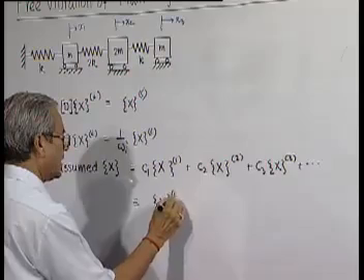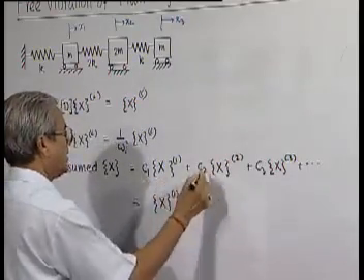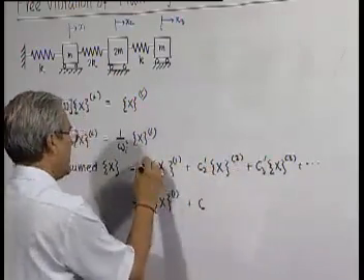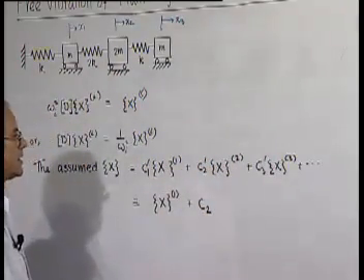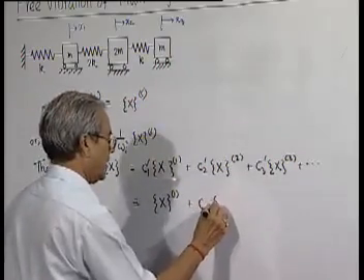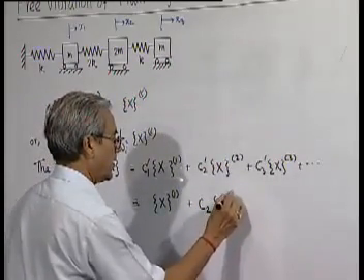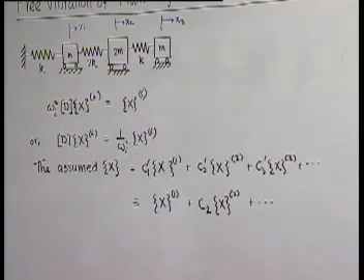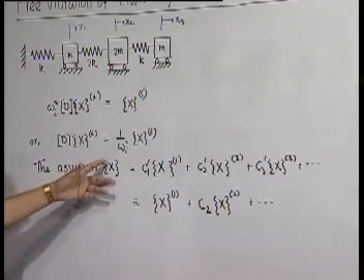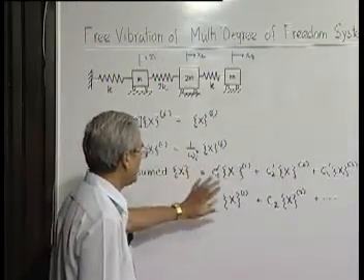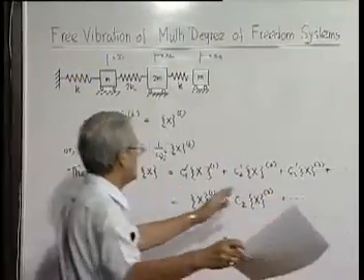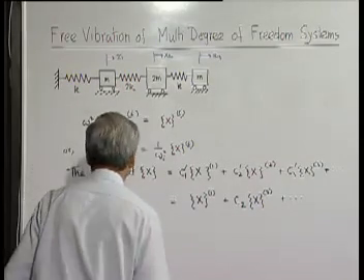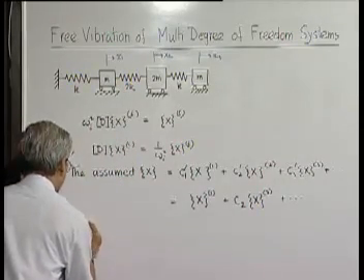C2 by C1 is one quantity, originally we called them prime, now I call it C2, which is nothing but C2 prime by C1 prime. So it is always possible, whatever may be this assumed value, it can be expressed in terms of a series of all the natural modes.